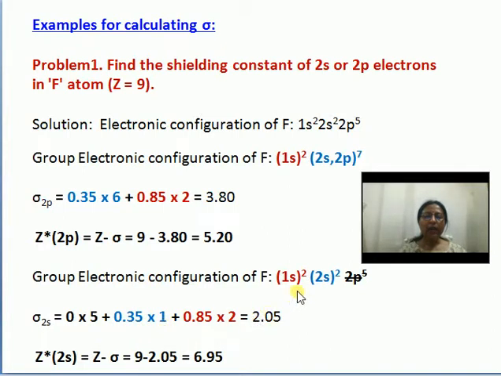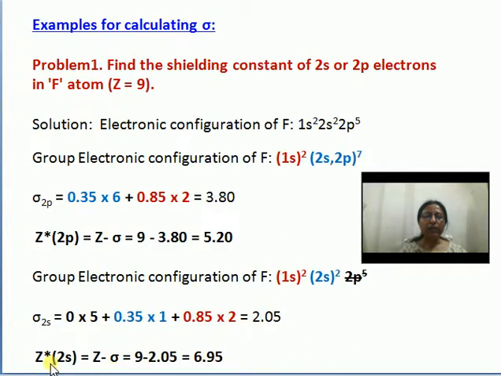And then these inner electrons, that is 1s electrons, this is the n-1 shell and this will contribute 0.85. So it will be 2 into 0.85 and the value will be 2.05 after summation.